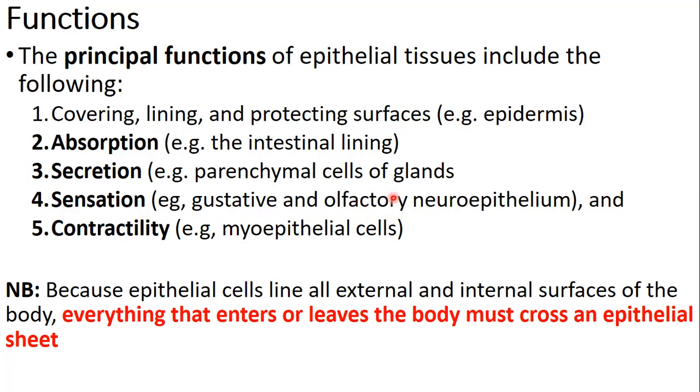For example, you can know that this smell I'm getting is pleasant, or this smell is unpleasant, a foul smell, and nice smell. For example, perfumes are pleasant. But for example, decaying matter, the smell is unpleasant. All that is because of epithelial tissue found in the nose. When it comes to taste, it's because of epithelial tissue found on our tongue.